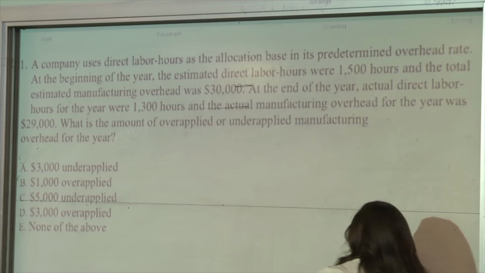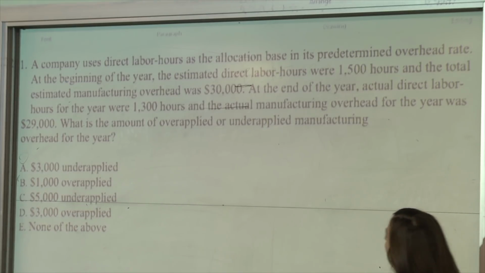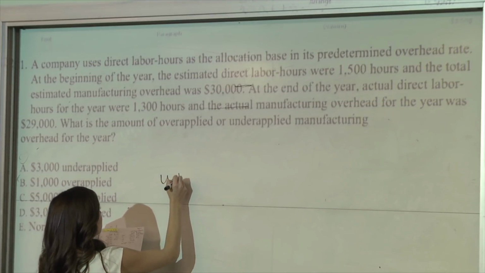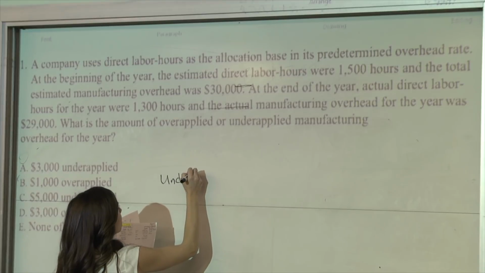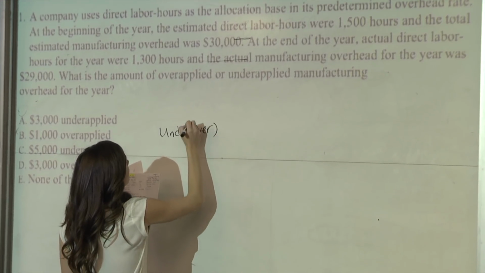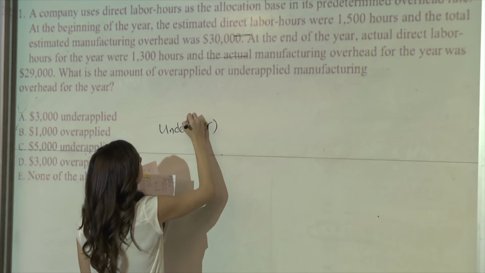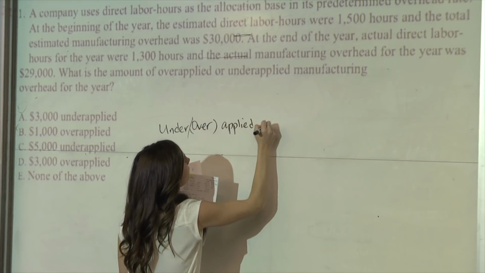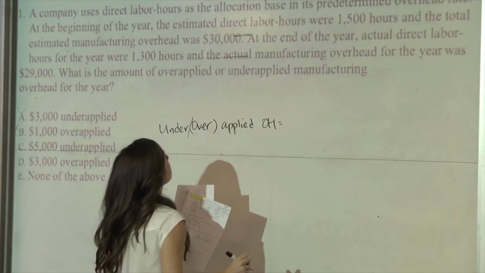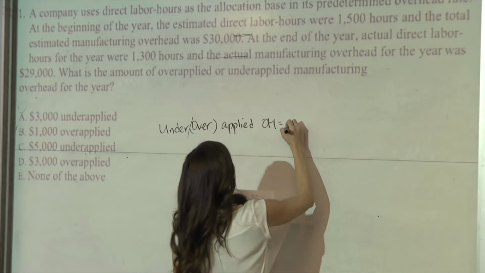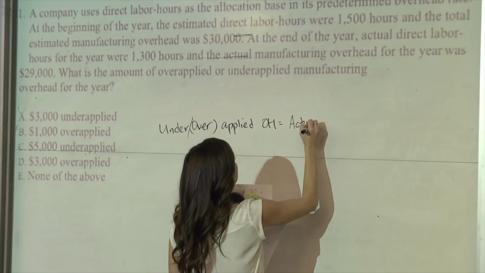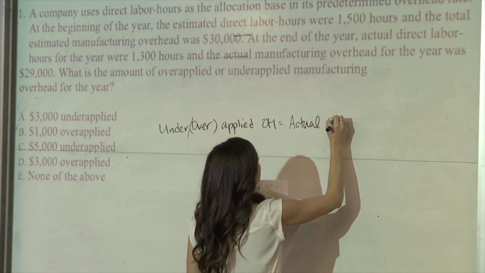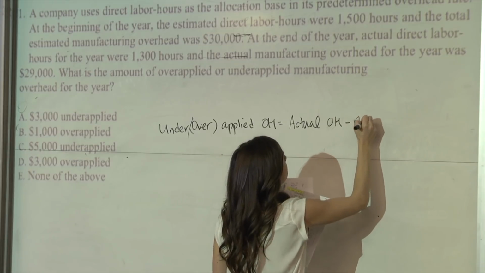So when I look at this question, I see a few things. I know when I'm calculating under or over applied overhead, I'm always going to be looking at two things: my actual overhead and my applied overhead.